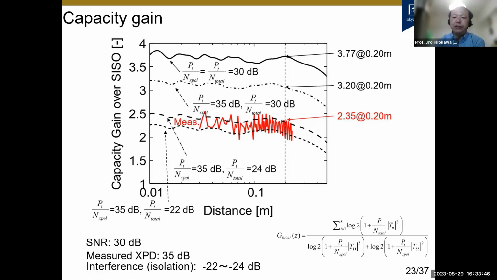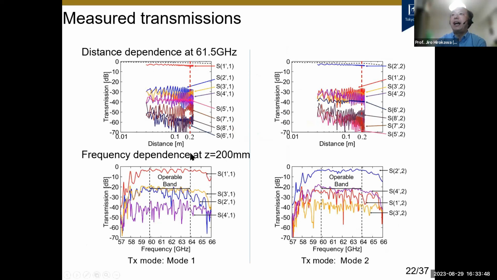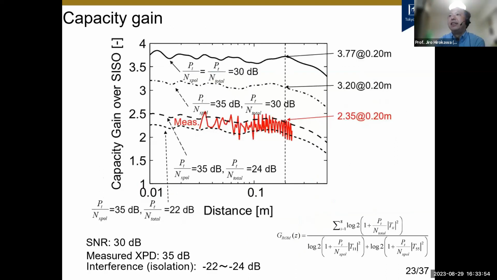Isolation, as I showed before, is about 22 and 24 dB over the operation bandwidths. So we assume PT over N cross polarization is 35 dB, and PT over N total is 24 or 22.